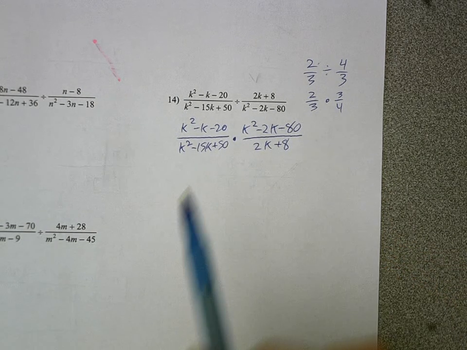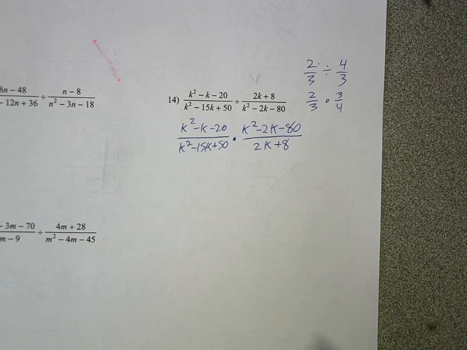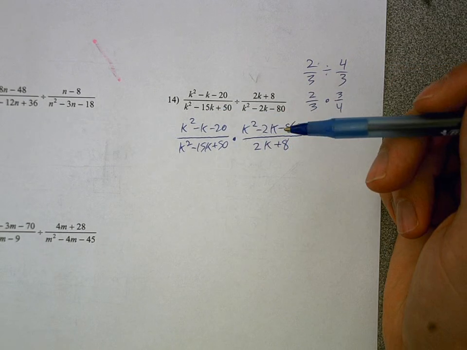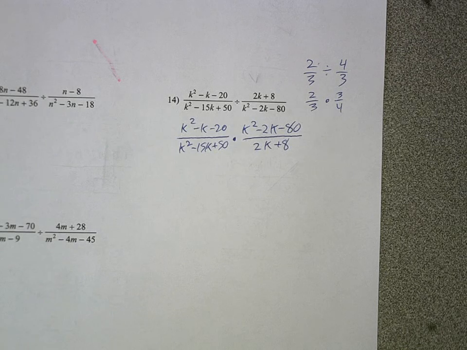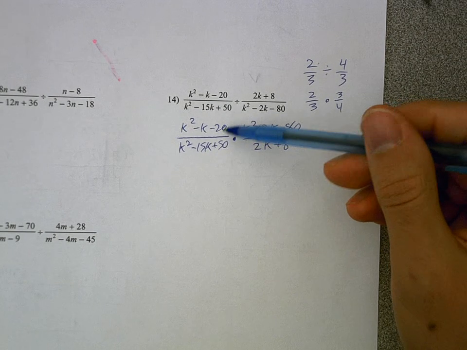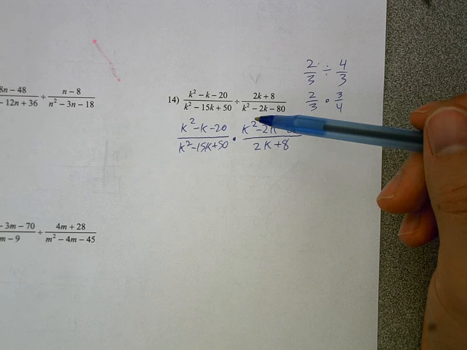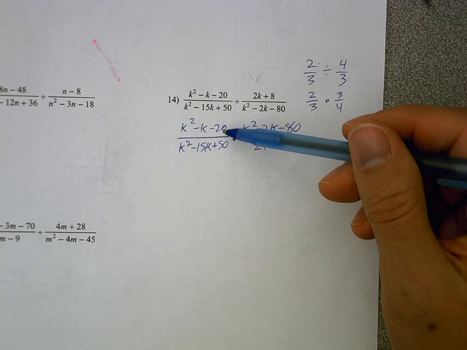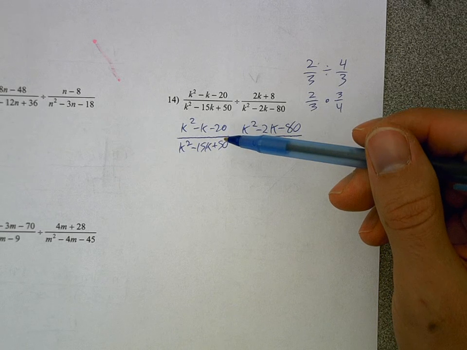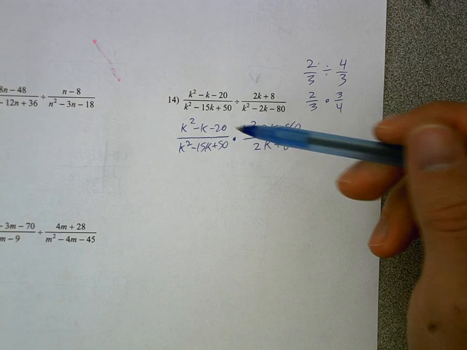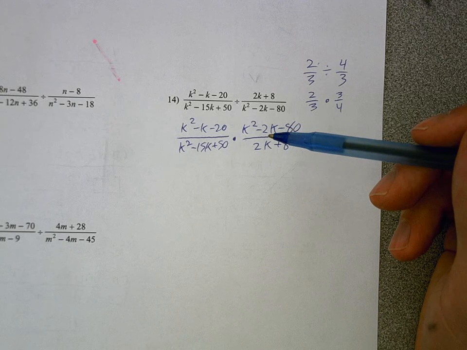I'm going to factor each of these pieces. Let's start with the k squared minus k minus 20. I need two numbers that multiply to 20 and add or subtract to 1. So Christian, give me some ways of multiplying to make 20. Is that a little louder? 4 and 5. Everybody, again, he said 4 times 5, that multiplies to make 20. Can I use that to make negative 1 when I add or subtract?